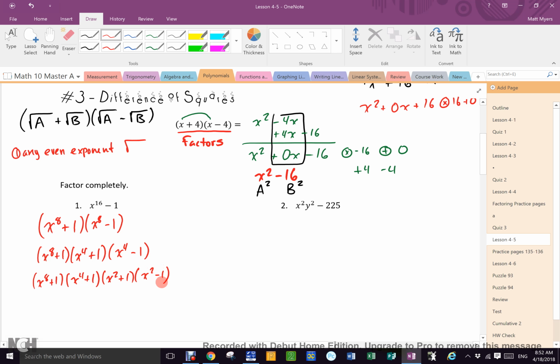Am I done yet? Why? Now, what's the square root of x squared? x plus 1, and then x minus 1. Now I'm done.